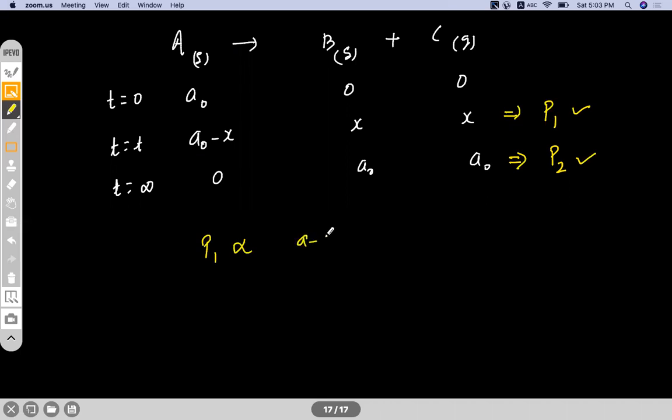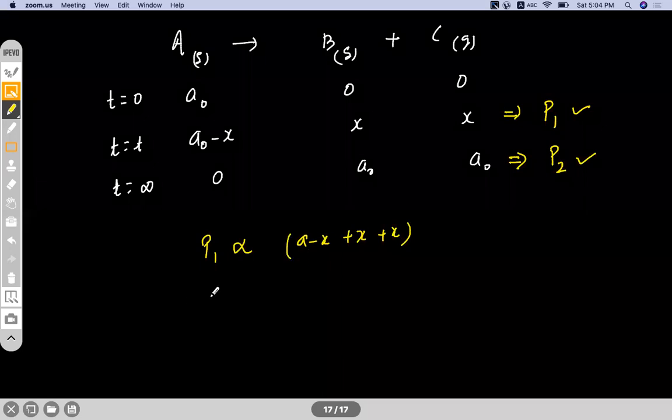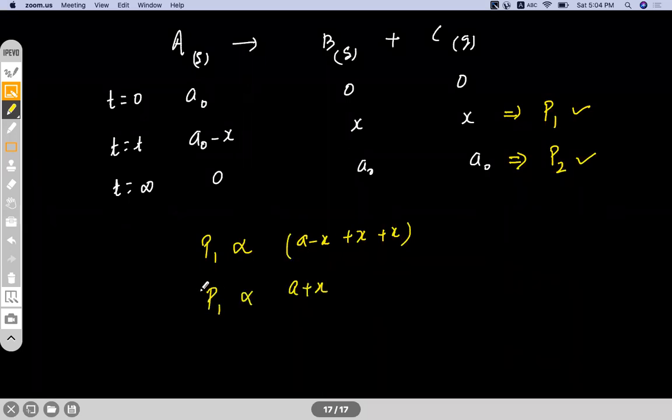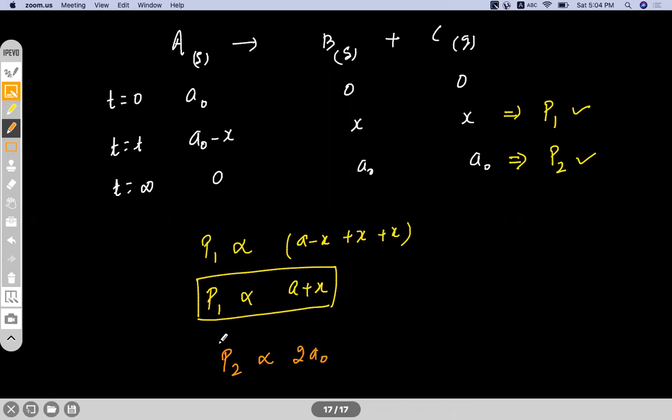So we can write A naught minus X plus X plus X, which is P1 is directly proportional to A naught plus X. That's the one relation we have. Similarly, P2 is directly proportional to, could you tell me? P2 is directly proportional to 2A naught. Correct. This is the second relation.